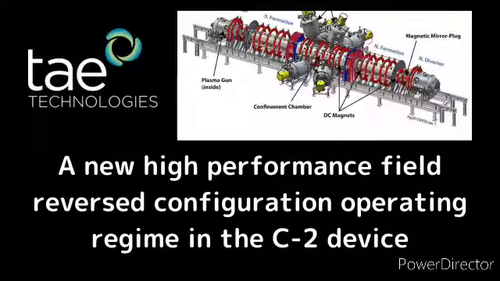The main goal of the C2 experiment is to demonstrate FRC sustainment with neutral beam (NB) injection for heating and current drive and with pellet injection for particle refueling.